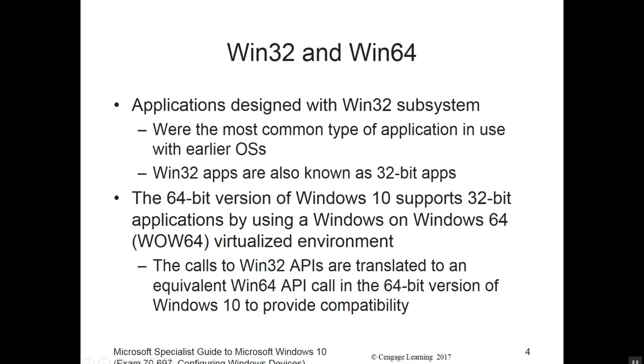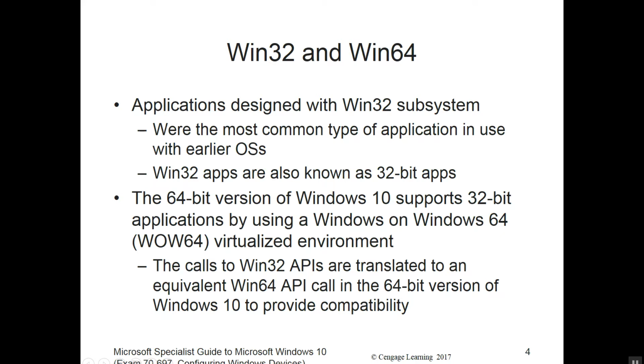We've got two options: Win32 and Win64. Applications are designed with the Win32 subsystem, the most common type of application in use with early OSs, the 32-bit applications. The newer ones that we see coming out are 64-bit versions of Windows 10. It supports 32-bit as well as 64-bit through the WOW64 virtualized environment.